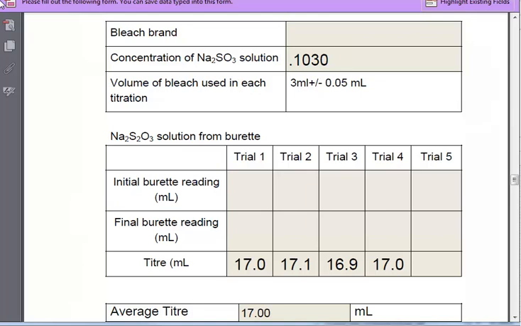And one thing that you should be able to see from the experiment we're doing is that even though individuals, groups, may produce answers which are a bit wayward or are not exactly the same, once they're collected together and averaged, then you should get a result which is consistent with the real concentration of hypochlorite in the bottle.